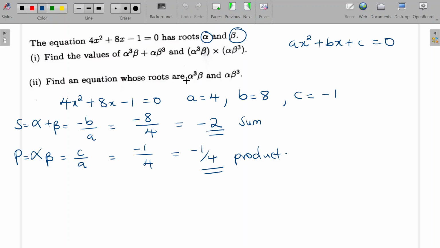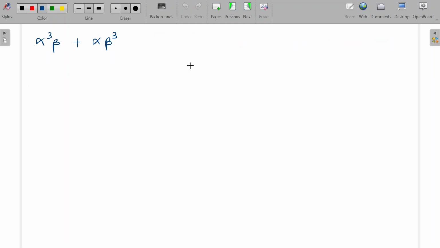That is for part I. Then you're also supposed to find alpha to the power 3 beta times alpha beta to the power 3, which is the product. This is the sum, and this is the product.